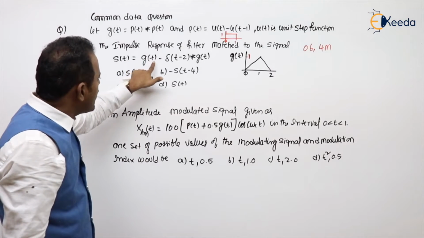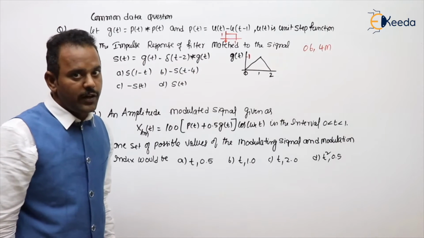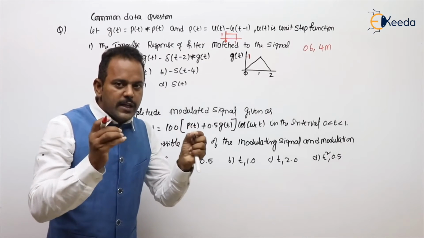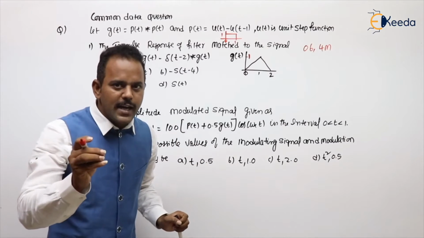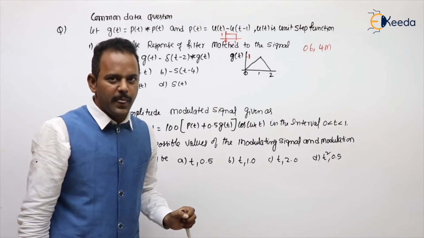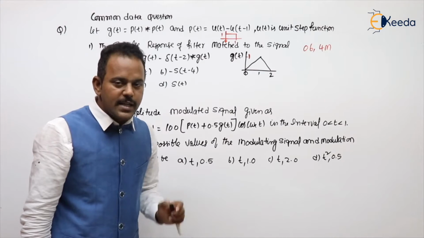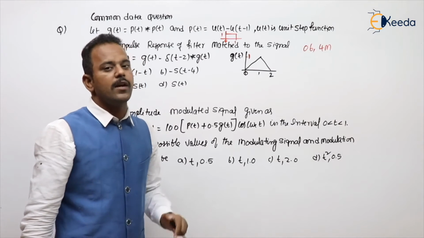Next, follow s(t), let's calculate. What is that? g(t) minus delta(t minus 2) convolution with g(t). We already know that with respect to convolution, the impulse signal is an identity signal. Identity signal means any signal if you convolve with the impulse, the same signal will come.